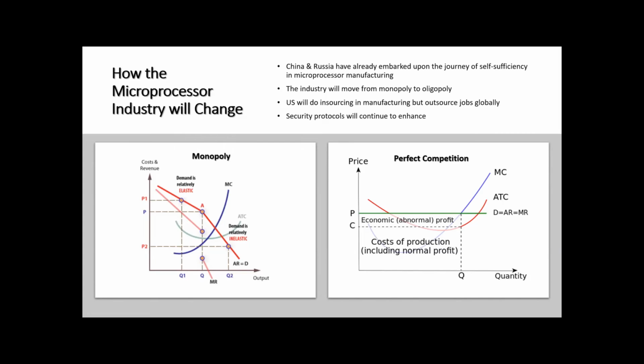Since this act will create market imperfection to the advantage of the US, it seems that in the long run they will have a monopoly in this market and they will basically operate till point A, where at price P or P1 they will earn economic rent or economic profit.